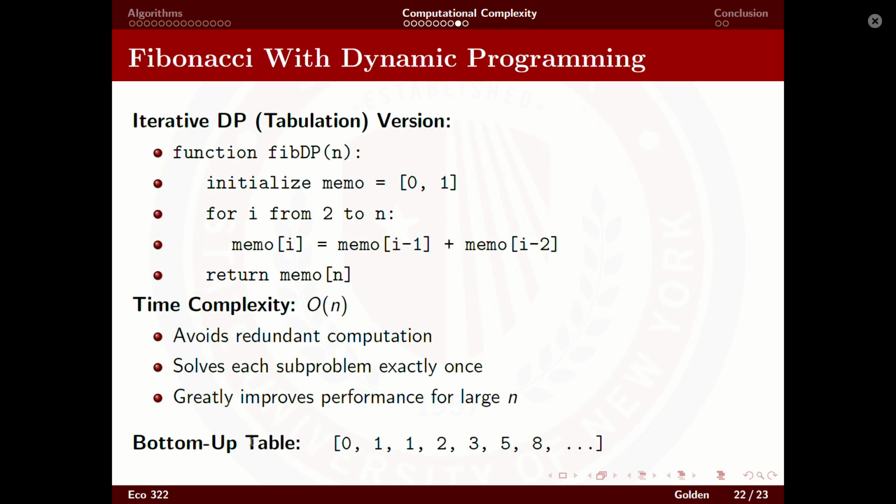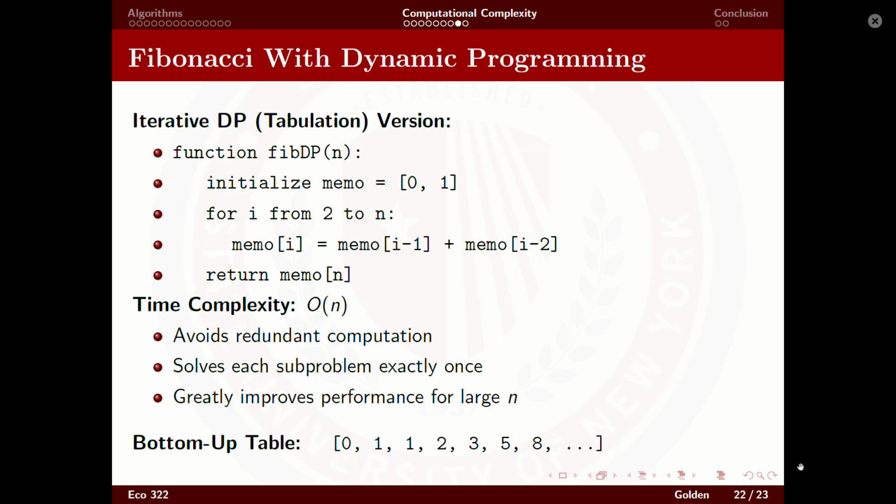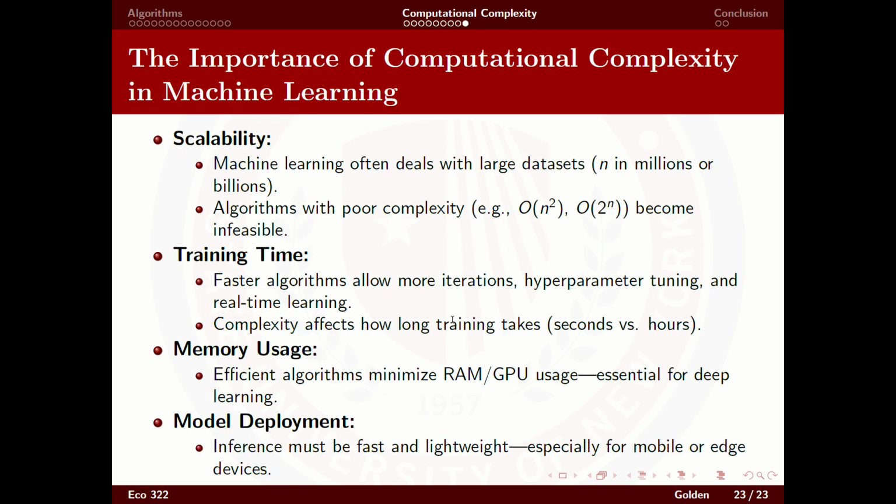So here's what that tree looks like. And then with dynamic programming, we initialize a table, and then we fill the table with the smaller numbers, and we build up. So now we don't have to compute each computation over and over again. We don't need redundant computation. We solve each subproblem exactly once.